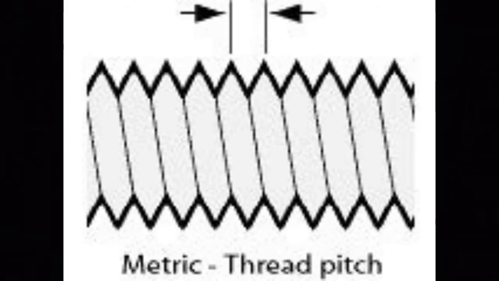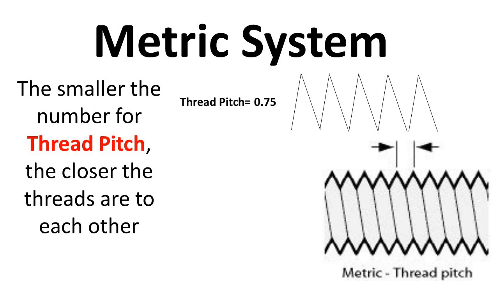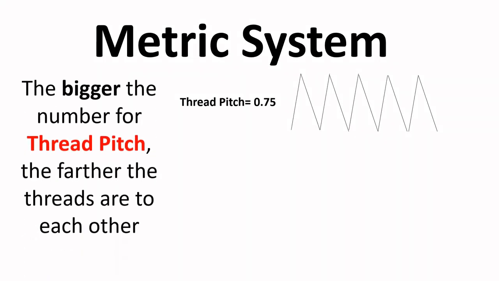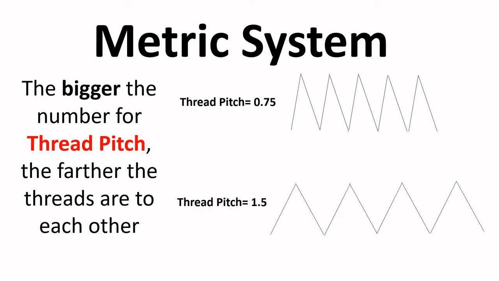But for the metric system, the thread pitch refers to the distance in between the tops of the threads. So a smaller number for thread pitch means that the threads are closer to each other, and a larger number for the thread pitch means that the threads are farther away from each other. A small number means a fine thread count, and a larger number means a more coarse thread count.